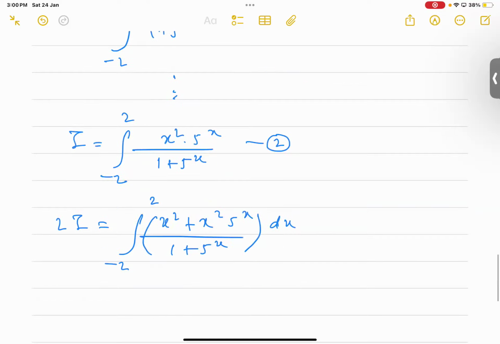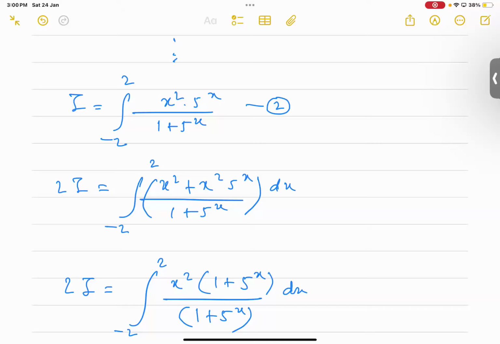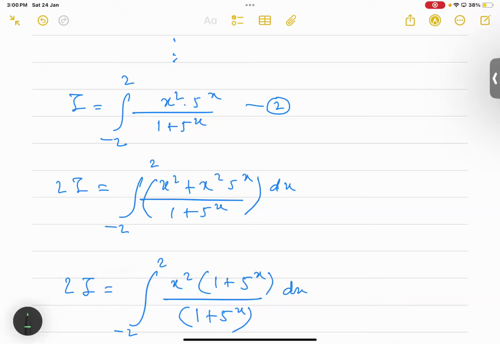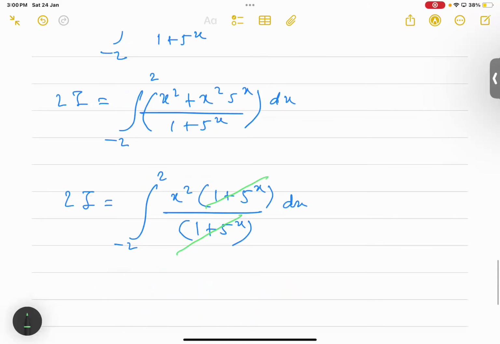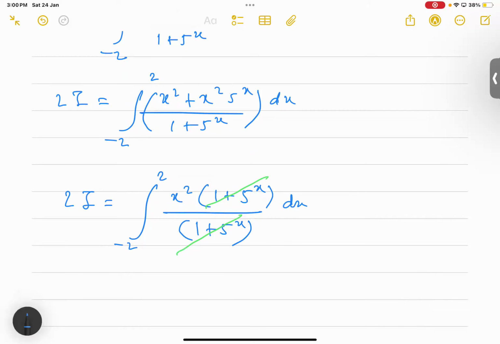Now, if you take x square common, 1 plus 5 raised to x is getting cancelled. Now see, you can directly integrate this, everyone.